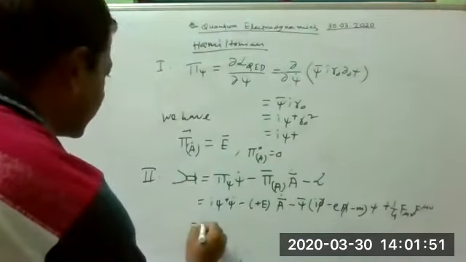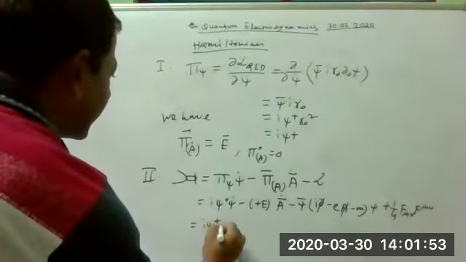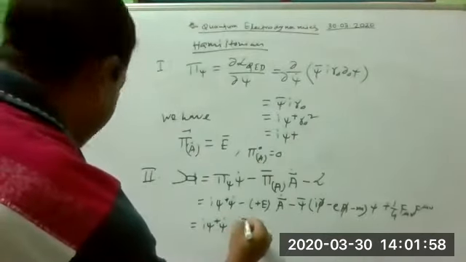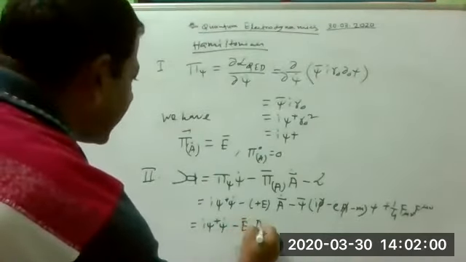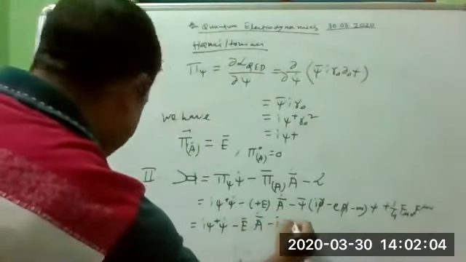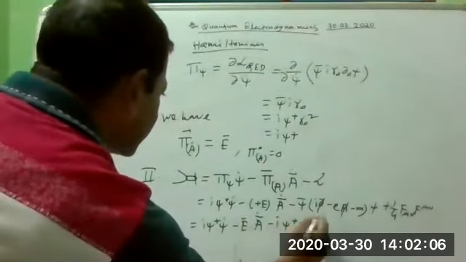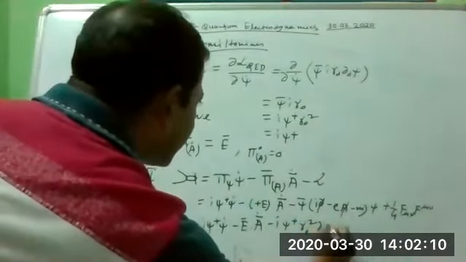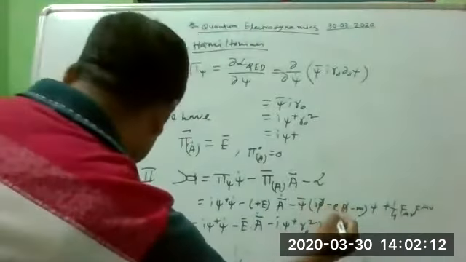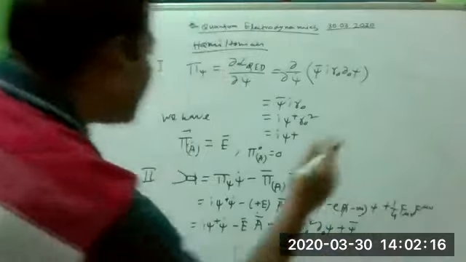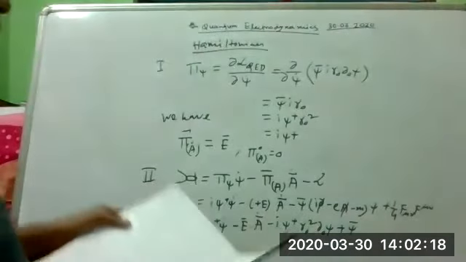So this equals i psi dagger psi dot minus E A dot minus i psi dagger gamma 0 squared del 0 of psi plus psi bar.